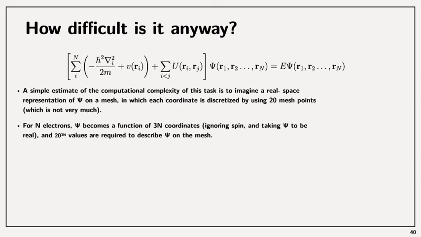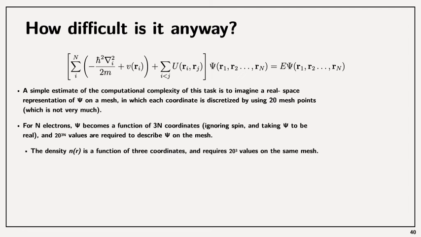And therefore, if each degree of freedom is described by 20 grid points, the total number of grid points I have to describe that wave function will be 20 times 20 times 20, this 3n times, so 20 to the power 3n, okay? That's the number of points I need. And again, remember, it's only using 20 points for each coordinate, which is very sparse.